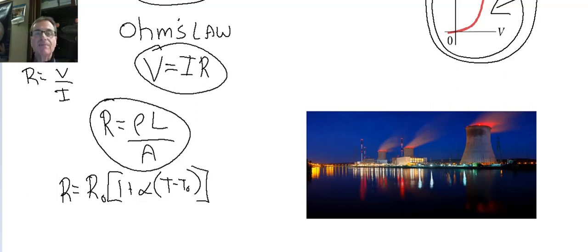So again, this is a standard equation here. The resistance of any material is equal to its resistance at a base temperature, that would be the 0 there, and this would be the temperature over here, times some factor that allows us to determine what a new resistance would be at a different temperature.